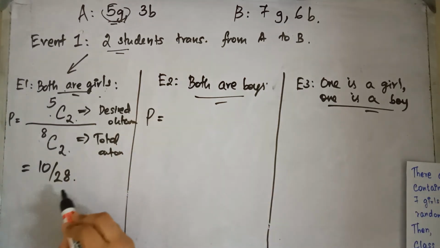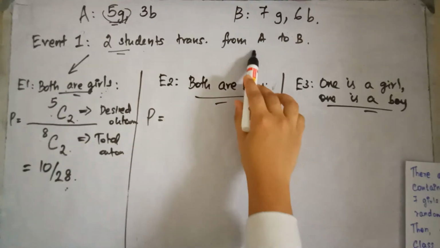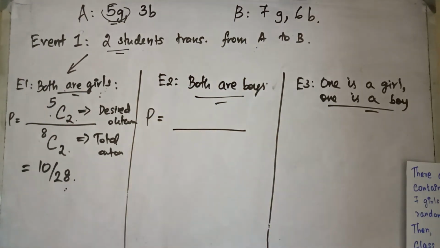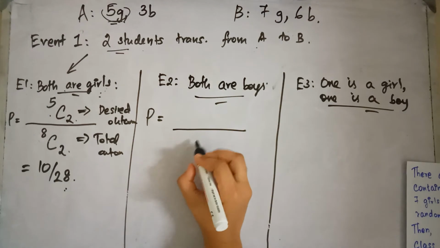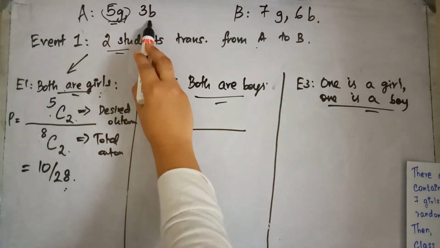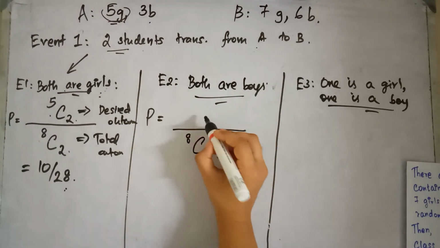So this is 10 by 28. What is this? This is the probability that both the students who are chosen to be transferred from A to B are girls. Now let's look at the probability that both of them are boys. The total number of outcomes will be the same as this. There are a total of 8, from which 2 are being chosen. Let's look at the numerator.